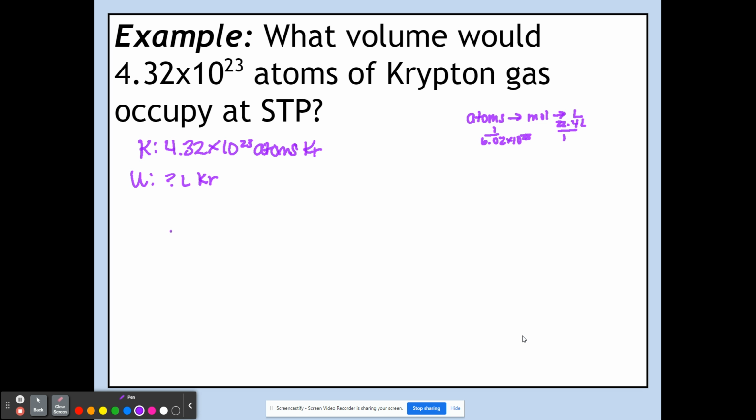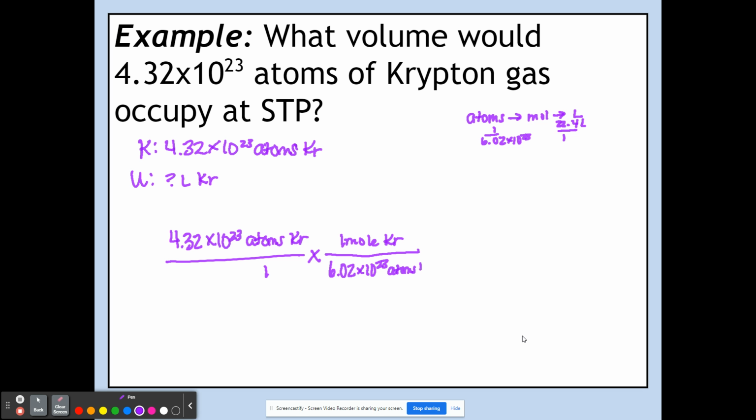So let's start with our known. 4.32 times 10 to the 23rd atoms of krypton over 1. Then I already mapped it out. I have 1 mole of krypton over Avogadro's number, that's atoms of krypton. And in my last step, I know I need to go from moles to liters.